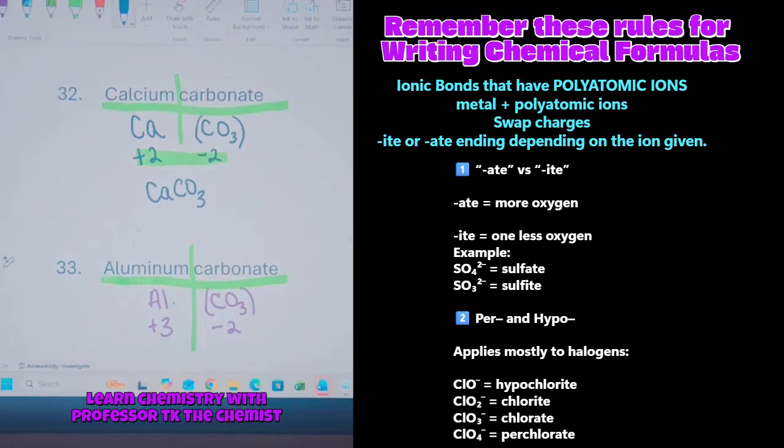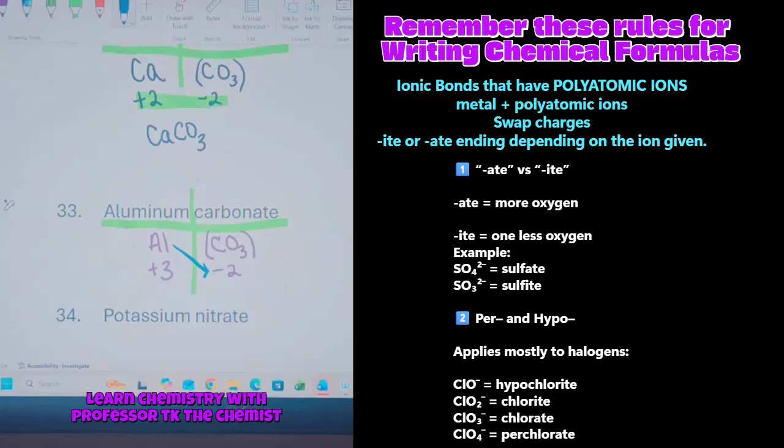So aluminum is going to pick up the 2, and that carbonate ion is going to pick up the 3. All right? So watch this. Aluminum, subscript of 2. Carbonate, the entire thing goes in parentheses. And on the outside is the new number, which is that 3.